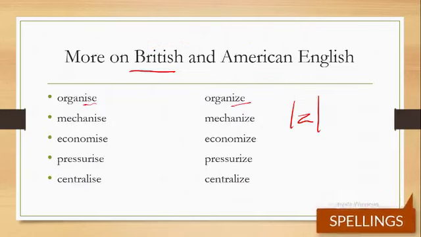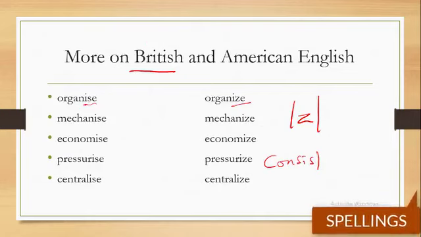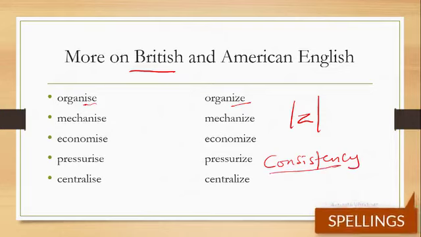Now, oftentimes the challenge with students is word consistency. So we always advise to stick to the British English, but I'll still talk about this towards the end of my lesson.